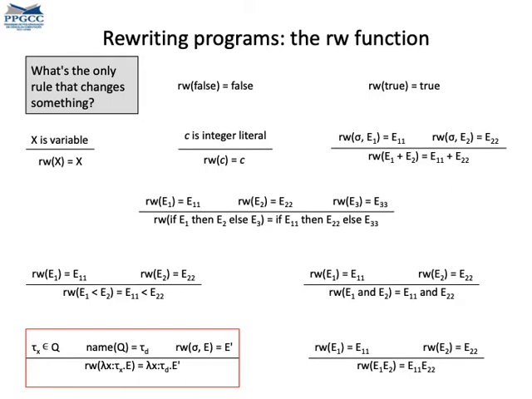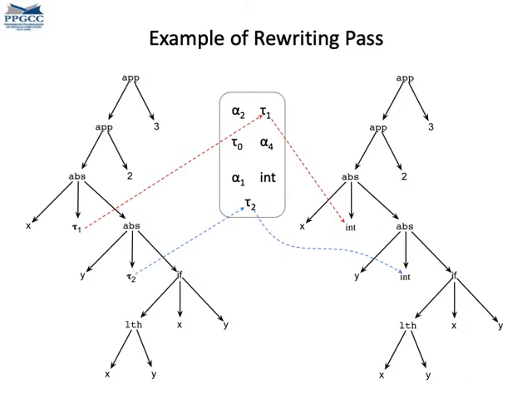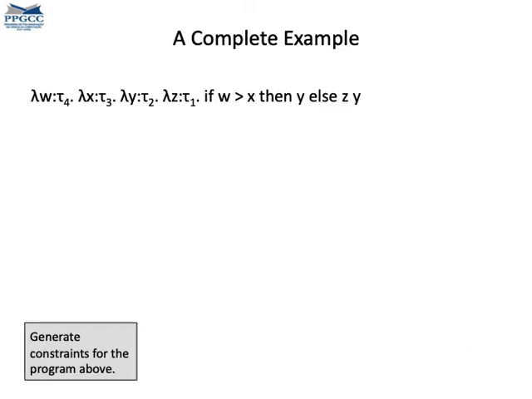In this case, we use the name inferred in the previous step to annotate that function's argument with the correct type. In other words, the RW function takes a program with open type variables like this one on the left and replaces it with a program in which every type annotation is a ground type.